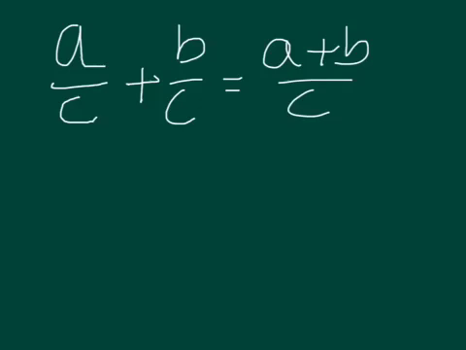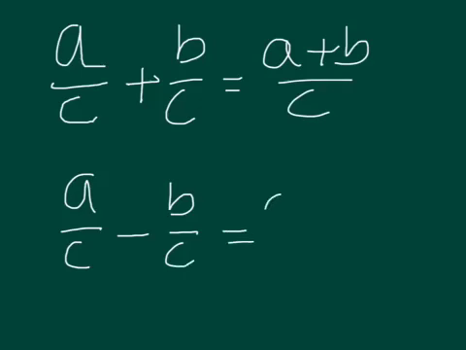It cannot be a different number. We don't add fractions with different denominators. The same thing goes when you're subtracting. A over C minus B over C equals A minus B over C. Again, our denominator is the same.